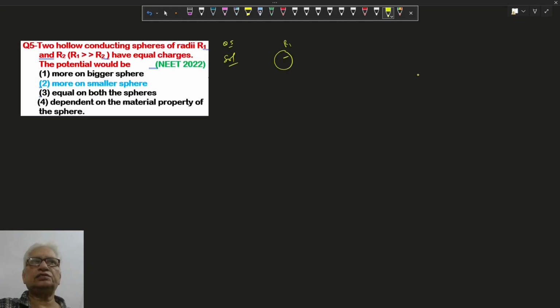In this question, two conducting spheres of radius r1 and r2, in this question, R1 is more than R2, spheres having equal charge Q on both. The potential would be, very simple question.